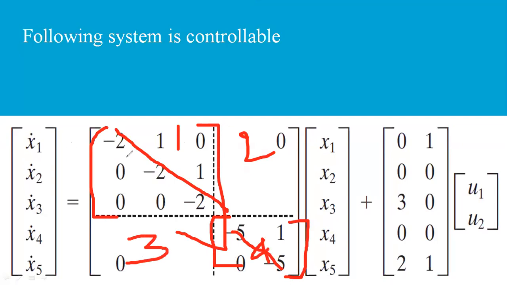So even though it is a 5 by 5 matrix, because of two repeated rows, the entire matrix we should treat as 2 by 2.